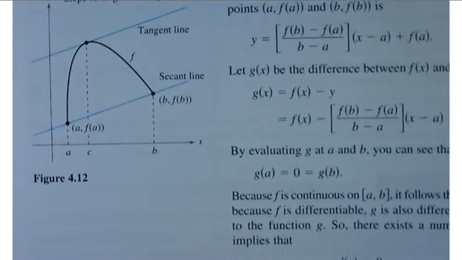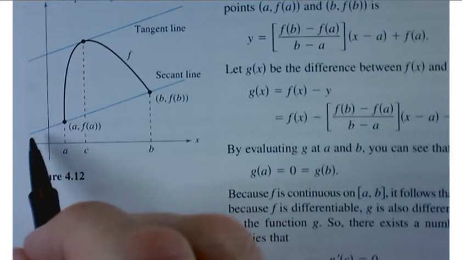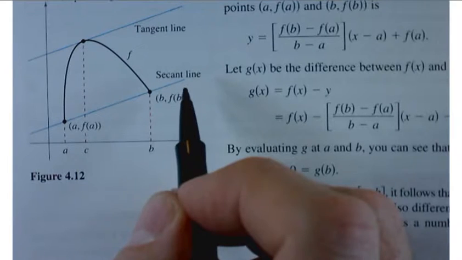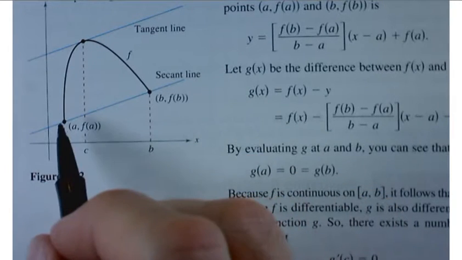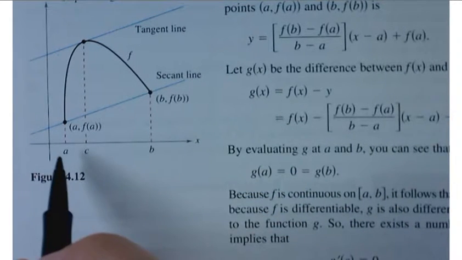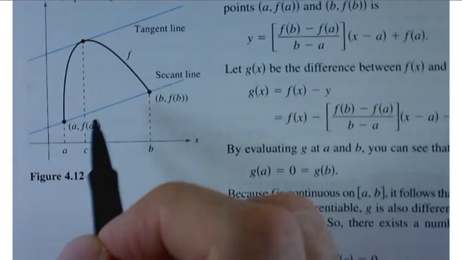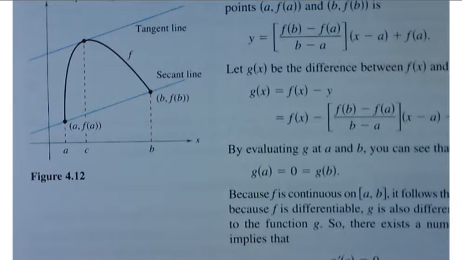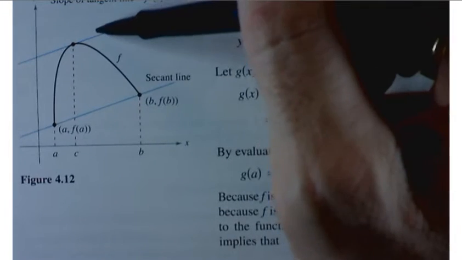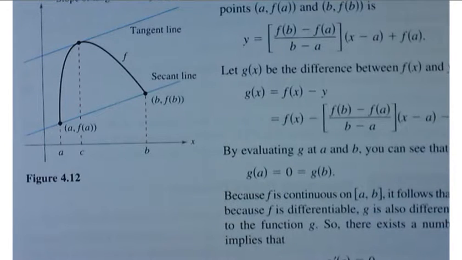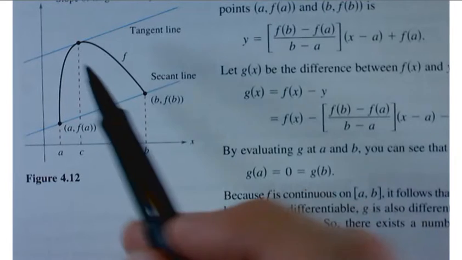What the mean value theorem says is that for the slope of the line between these 2 points, the so-called secant line, there's a point between a and b so that the slope of the tangent line matches the slope of the secant line. That is, f prime of c equals this slope. That's what the mean value theorem is saying. At some point, the instantaneous value equals the average value.